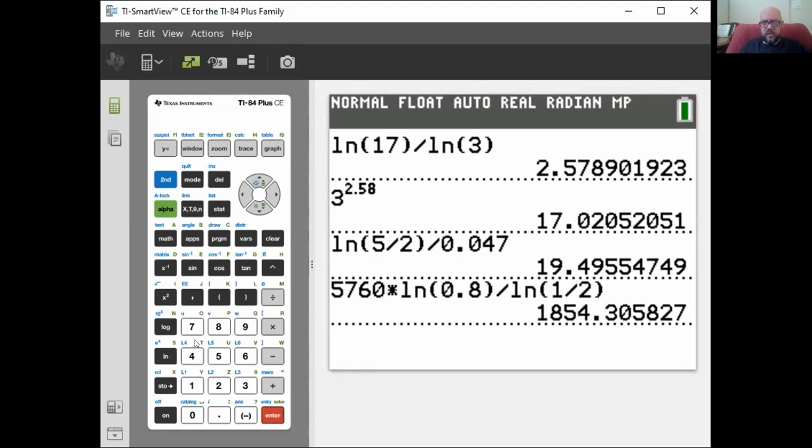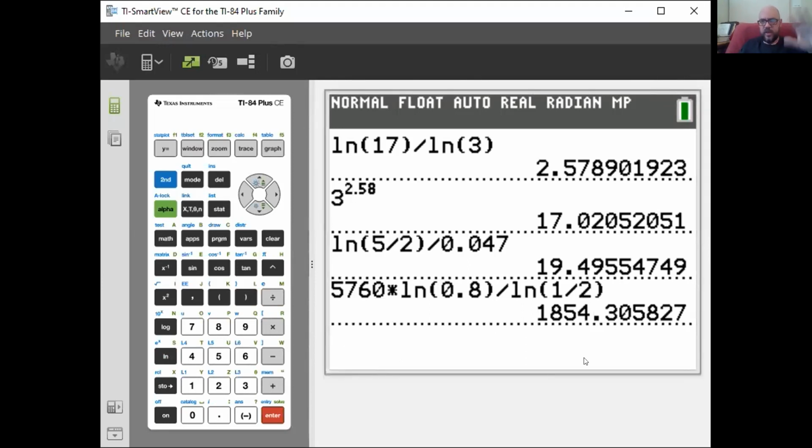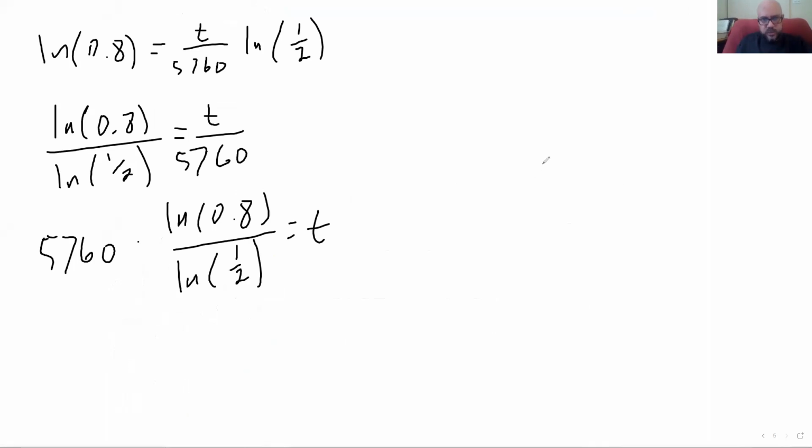Bam. 1,854 years. About what we'd expect. Let's go back and write that down. So I'm going to ignore the decimal here and just say this is about 1854, since this whole thing is an estimate anyway. Yeah, half-lives aren't that precise. So t is about equal to 1854 years.